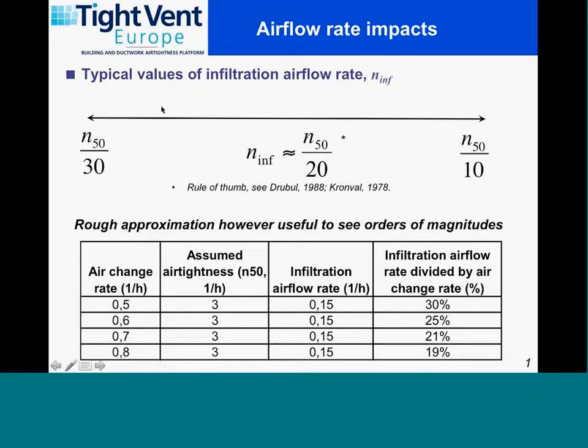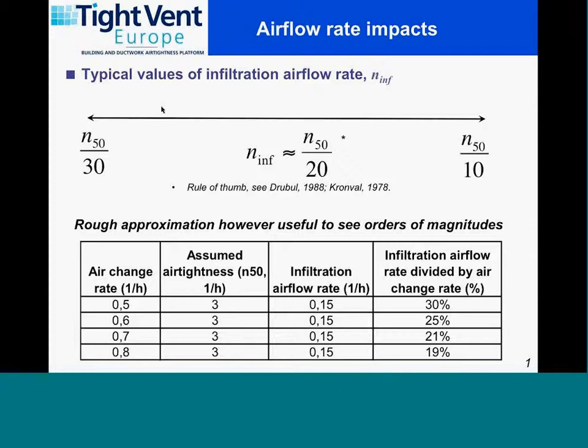What is interesting is to know what the actual infiltration rate is. It's complicated because the infiltration rate also depends on the climate and the wind and things like that. But there's a rule of thumb which is very convenient that says that the infiltration rate is roughly between N50 divided by 30 and N50 divided by 10.